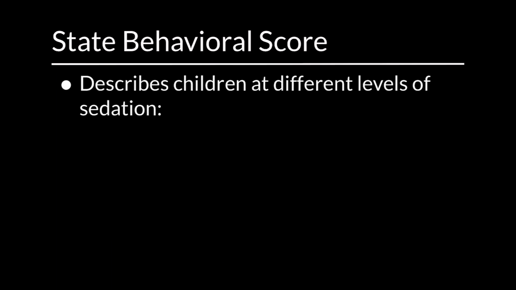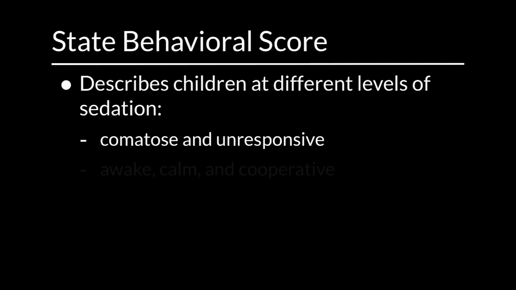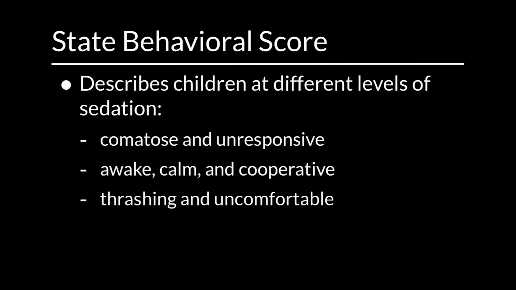One score that we've used is the state behavioral score, which describes children at different levels of sedation, everywhere from comatose and unresponsive to a child who can be awake and calm and cooperative to a child who's thrashing and uncomfortable, which is typically not a goal that we would set.